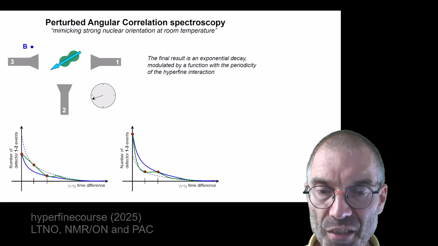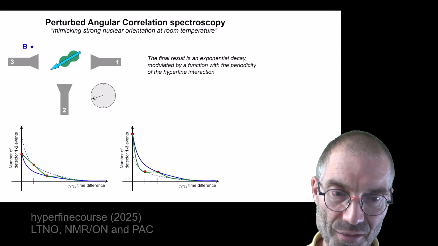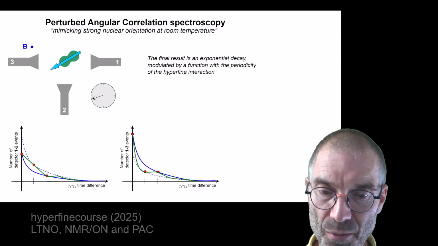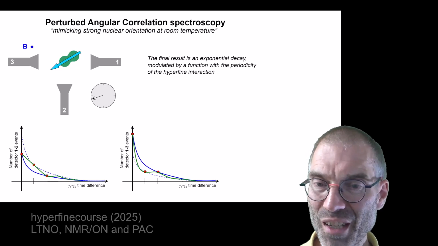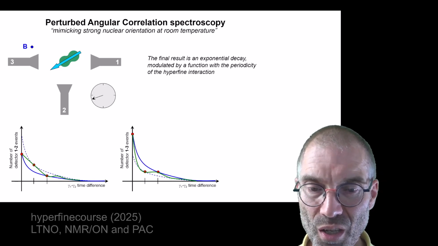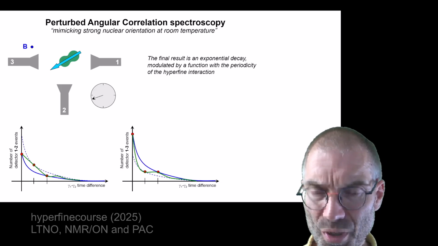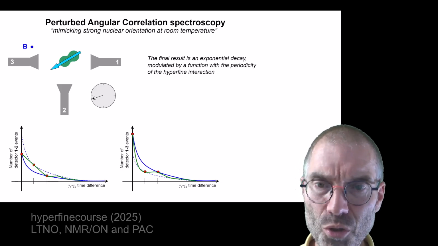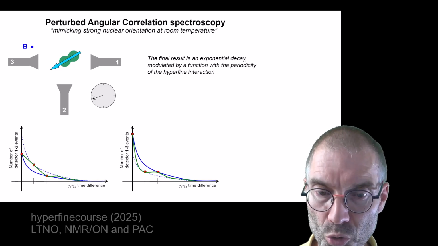That's a classical representation of the quantum picture. And in some of the previous topics, say in Mössbauer spectroscopy, I emphasized that we should not overuse these classical pictures. So isn't it possible to discuss PAC with a sound quantum approach?